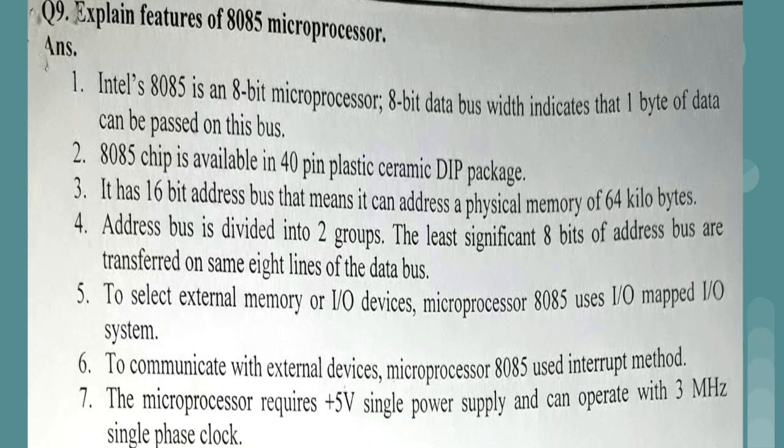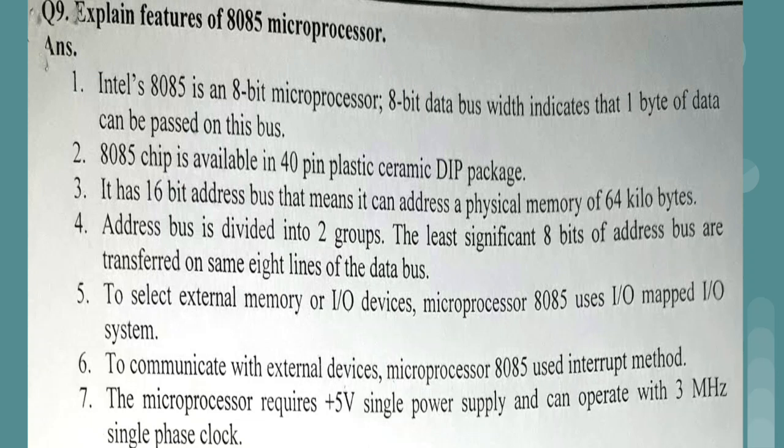The fourth feature of the 8085 microprocessor is that the address bus is divided into two groups, least significant and most significant. The least significant 8 bits of the address bus are transferred on the same 8 lines of the data bus, that is AD0 to AD7 we use as the address bus as well as the data bus.